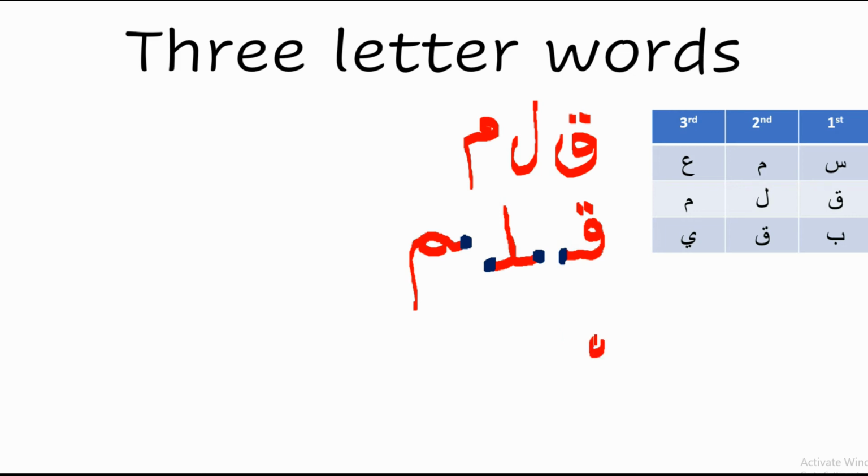So this is qaf, and then this is lam, and then this is meem. Okay, we just need to join these points and we will have our joined up word. That's what it is.